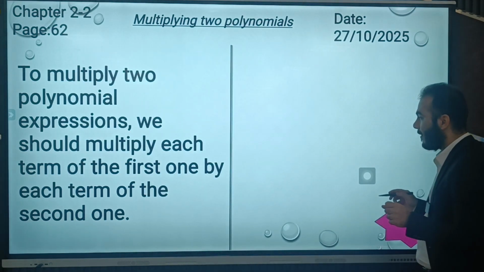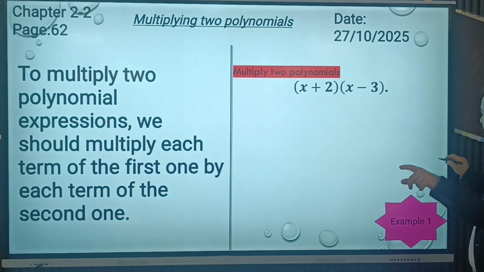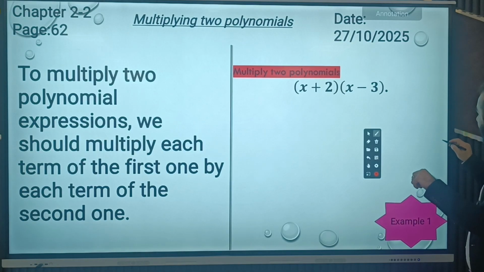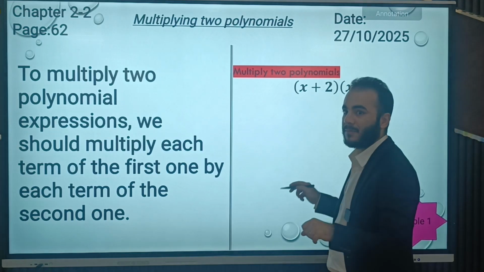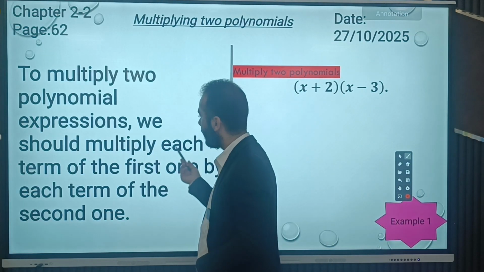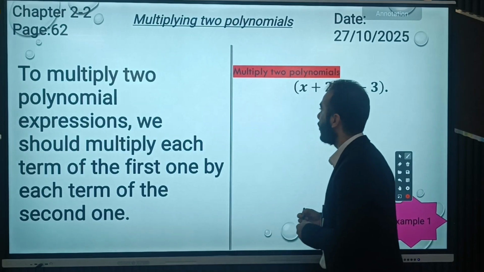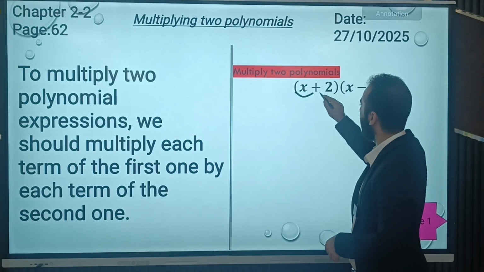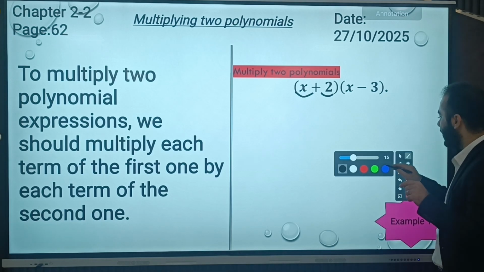So imagine there is an example like this: multiply these two polynomials. How are we going to multiply it based on what we wrote over there? So x plus 2 times x minus 3. We should multiply each term of the first bracket by each term of the second bracket. How many terms do we have? 2 terms here. So we should multiply each one of them by each term in the second bracket.